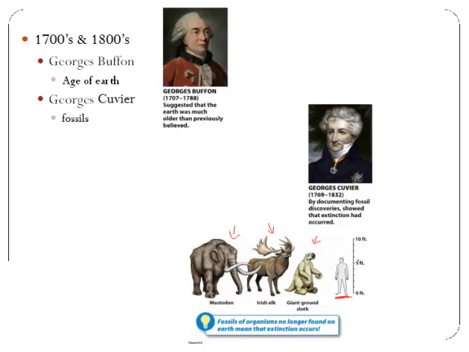He was studying and describing these fossils and showing that extinction probably had occurred, because much of the Earth hadn't been explored before Cuvier's time. If fossils were found, they were just a curiosity, or people figured that the organism still lived and had just left the area and was living someplace else. By Cuvier's time, that was less likely to be true, so it showed that these things had actually died off.